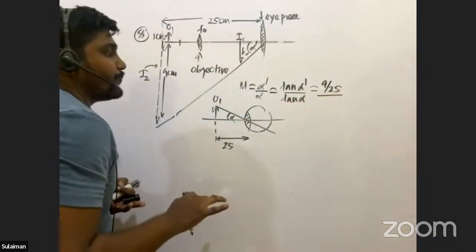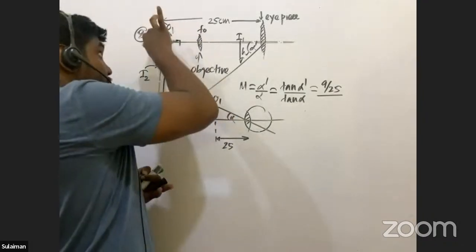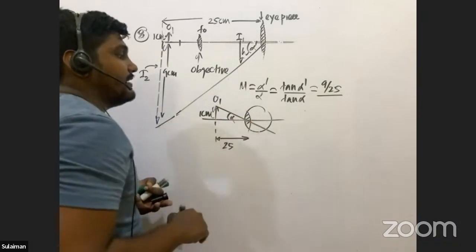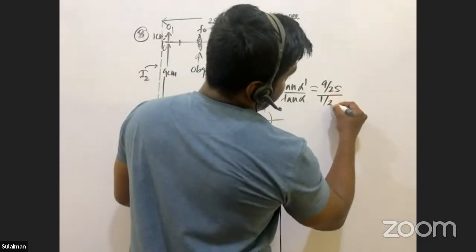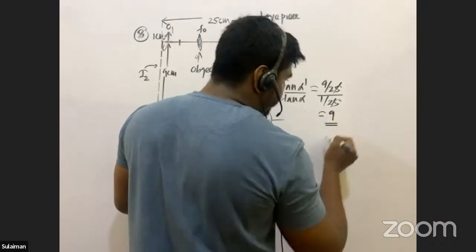Tan alpha is opposite, the object height 1 centimeter, over adjacent 25 centimeters, so 1 over 25. The 25 cancels out, and the answer will be 9.